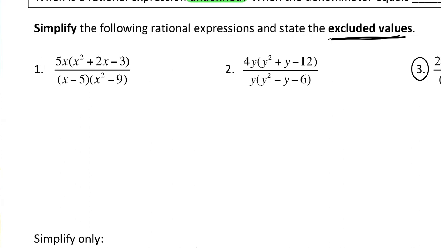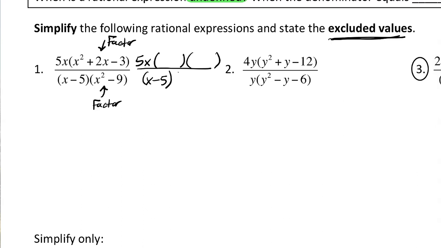So in number 1, we need to factor first. We need to factor this trinomial and also this binomial, x squared minus 9. If we factor those, we have the 5x still sticking around, the x minus 5 still sticking around.